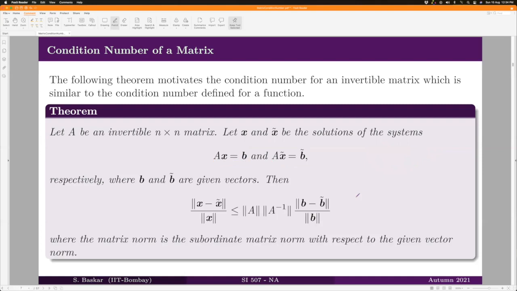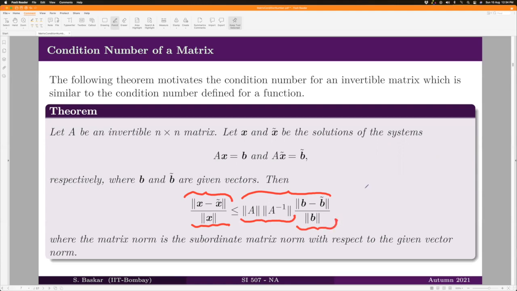With that, the relative error in x tilde when compared to x can be estimated by this quantity. That is, the relative error in x tilde is less than or equal to norm A into norm A inverse times the relative error in b tilde when compared to b.